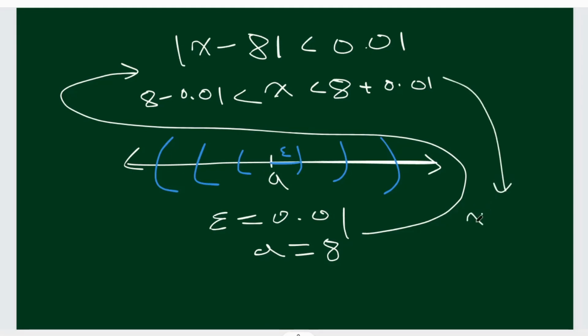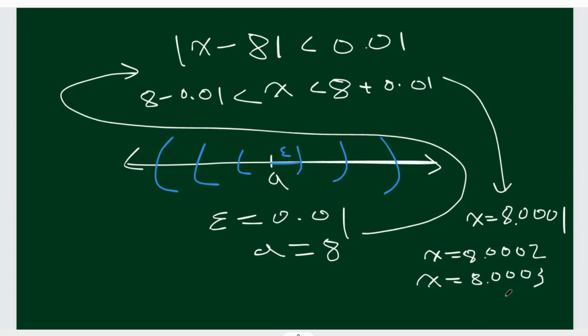So how can we explain that there are an infinite number of points in the local area? X can be 8.0001. X can also be 8.0002. X can also be 8.0003, and so on. There are an infinite number of x values, because you can always come up with another x value to satisfy this inequality, and therefore the local area contains an infinite number of values.